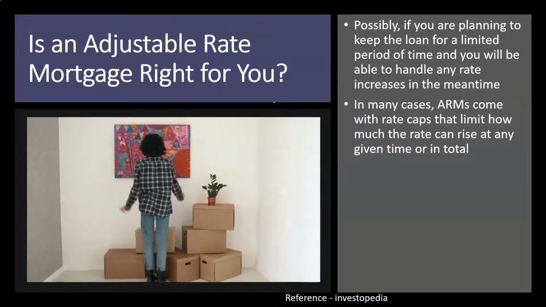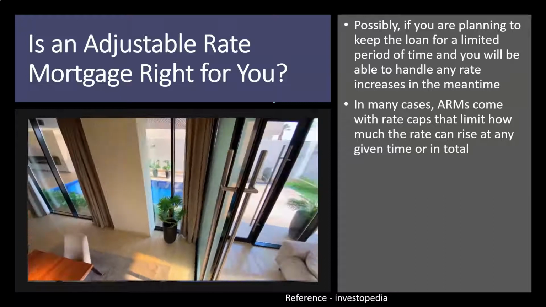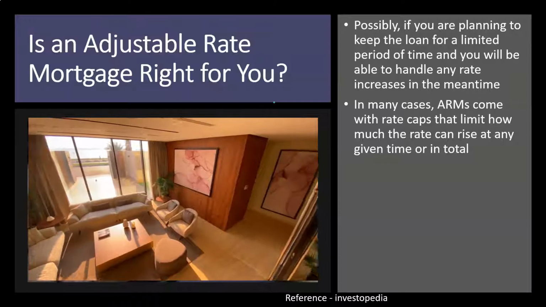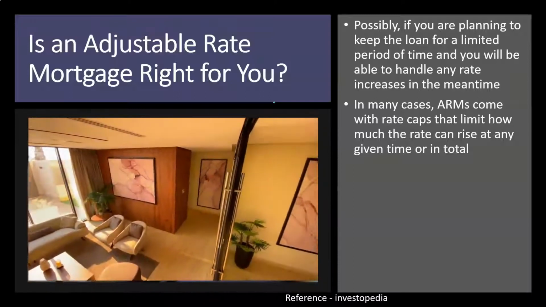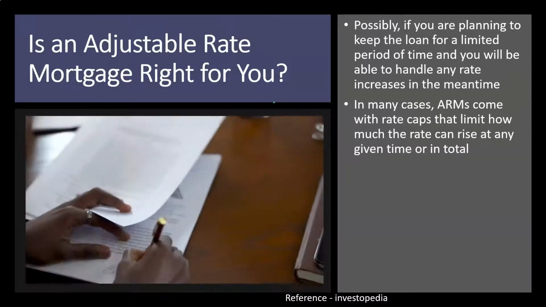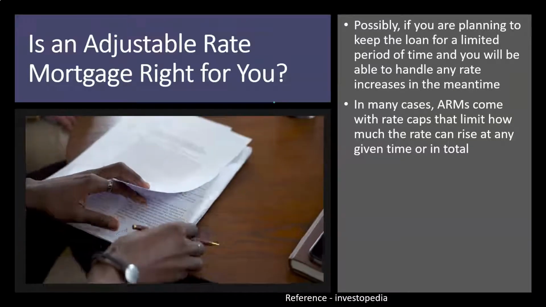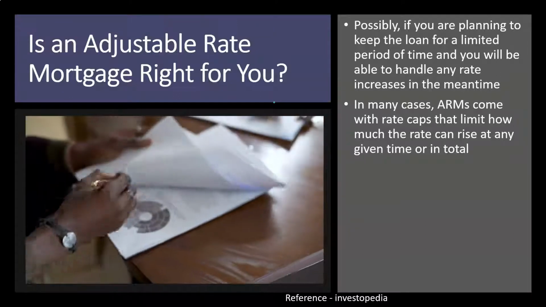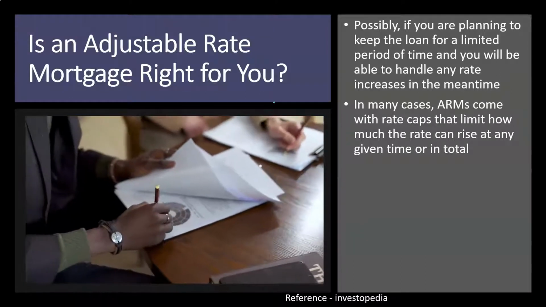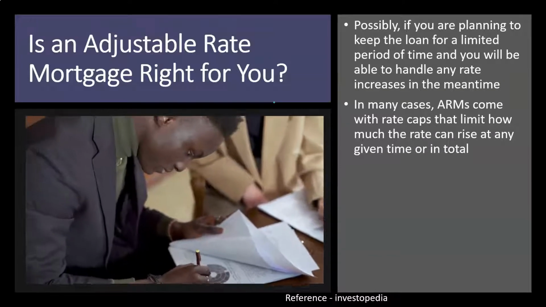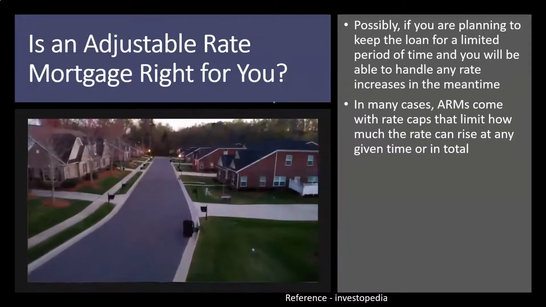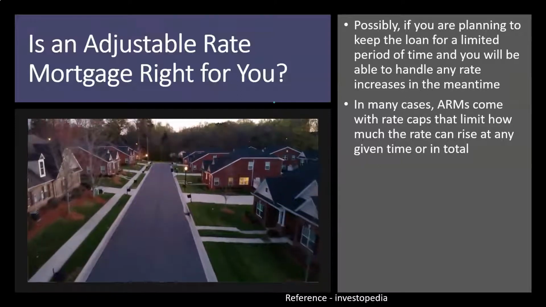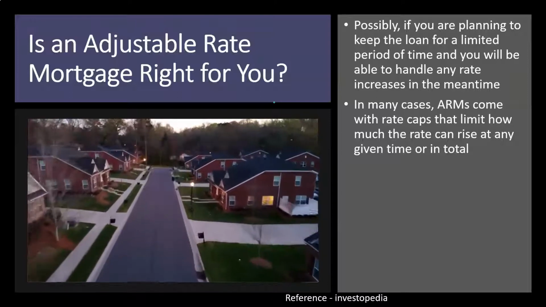If you then say, but I want to put rate caps on it so that even if there was an increase in the market in the future, my rate doesn't go up that much, even if the market went up really high, I have a lifetime cap, so the rate cannot go up above a certain amount. Well, now that could be a very good thing. But of course, you've hedged some of the risk that went from the lender to the borrower back to the lender. And so you might not get as favorable a rate, because it's a trade-off between the risk assessment and the rates that are going to be gotten.